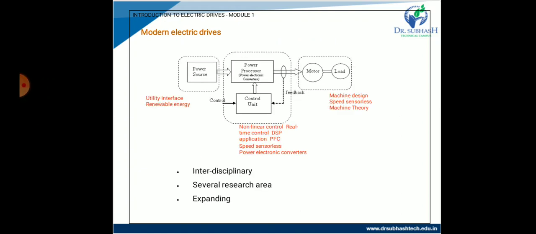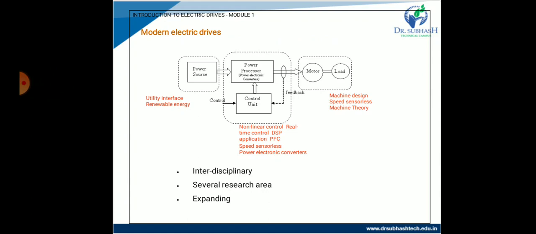So the next topic is modern electrical drives. We will further discuss what modern electrical drives are and how they work. The power source, utility interface and renewable energy are given to the power processor or power electronics converter. Then the feedback goes to the control unit: non-linear control, real-time control, and DSP digital signal processing applications for power electronic circuits, speed sensors and power electronics converter.